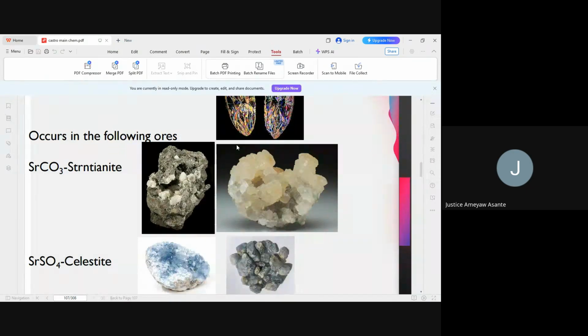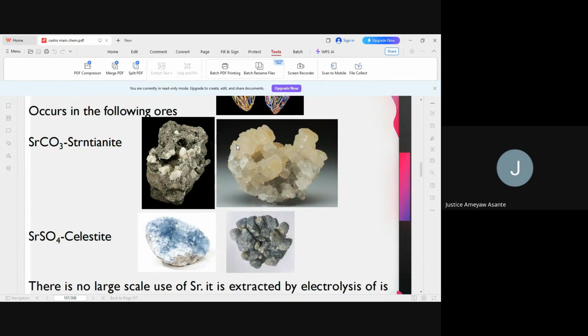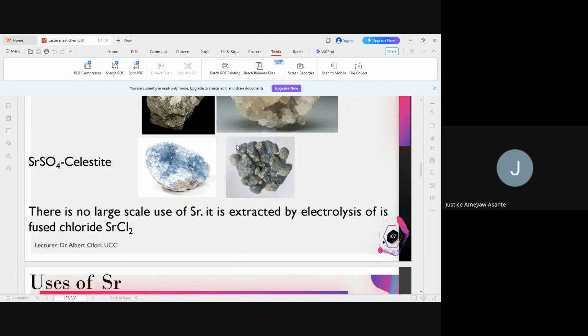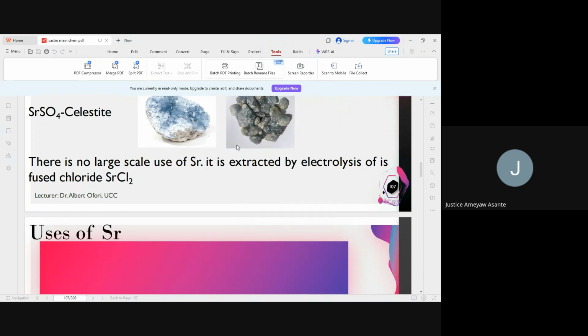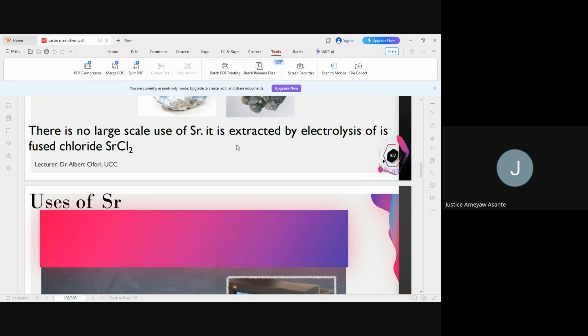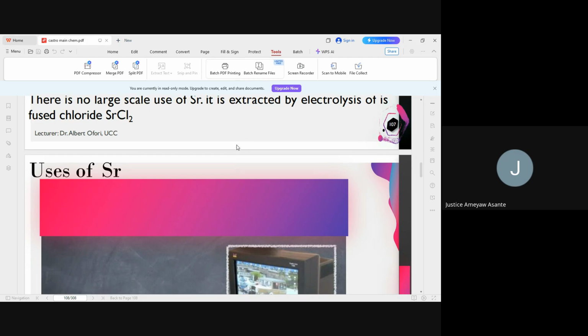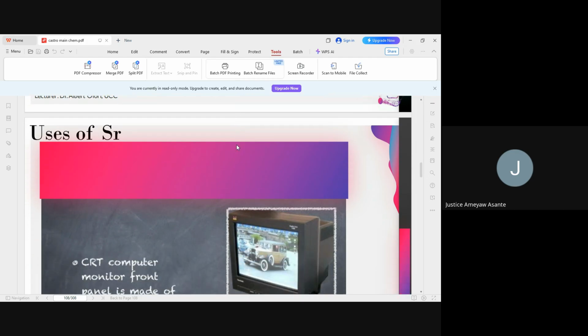It occurs as celestite. There is no large-scale use of strontium. It is extracted by electrolysis. The uses.